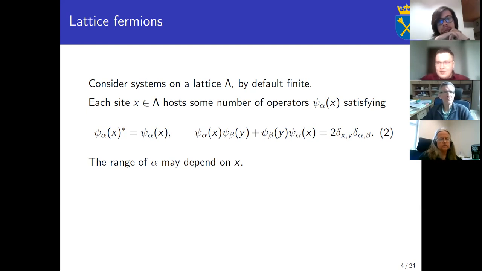Some of you may be more used to creation and annihilation operators, but in many contexts, and here also, it is more convenient to use self-adjoint fermionic operators, which satisfy anti-commutation relations like written here. They are sometimes called Majorana operators in the literature, which has nothing to do with representations of the Lorentz group whatsoever. It's just a name, basically because they are real.